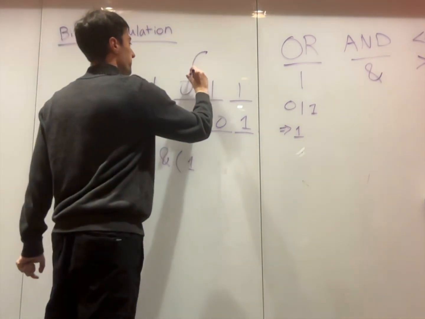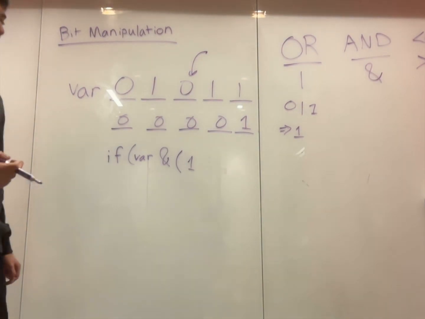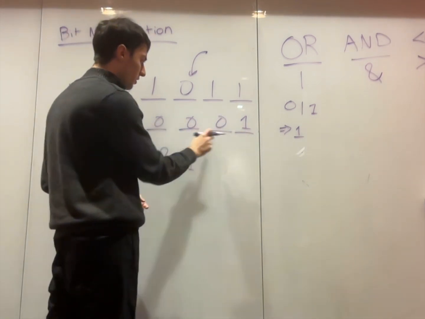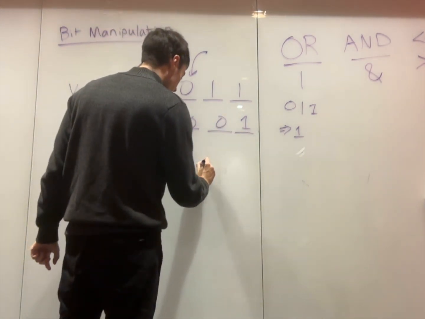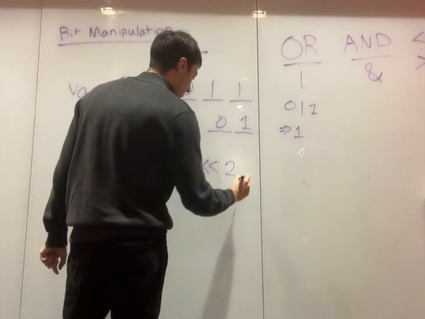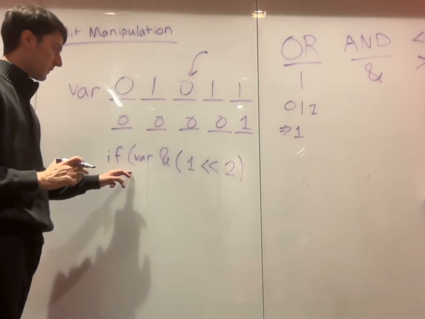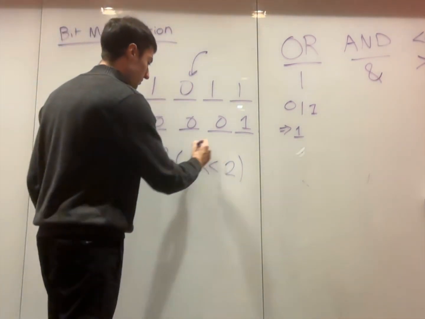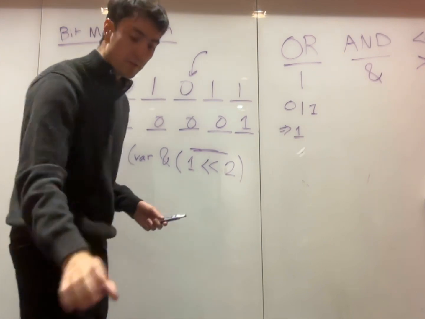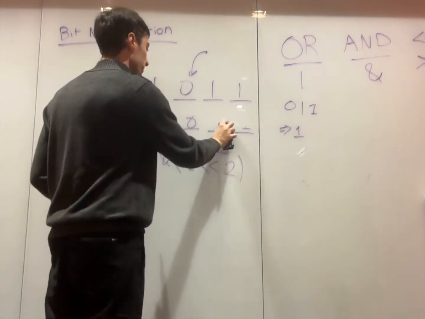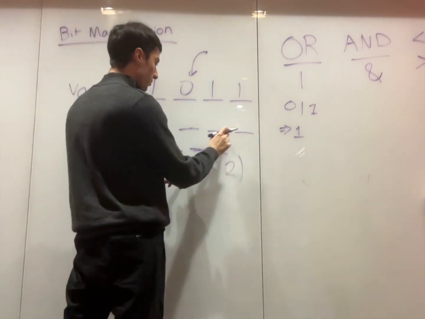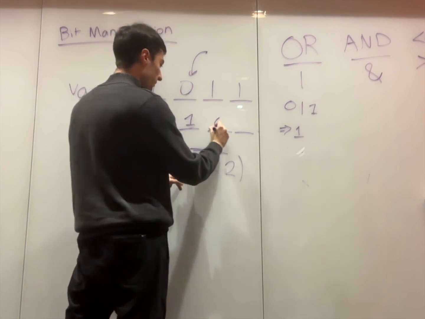From looking at this, it's fairly obvious: I'm going to take this 1 and shift it over 2 places. So I use the shift operator, 2, like that. Now we take this 1 and shift it 1, 2, so now the 1 is right there.